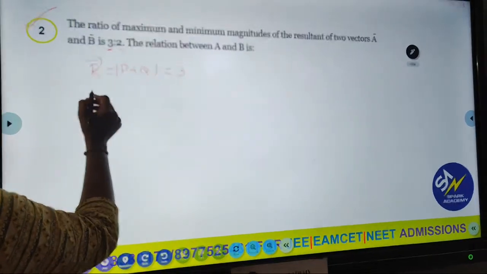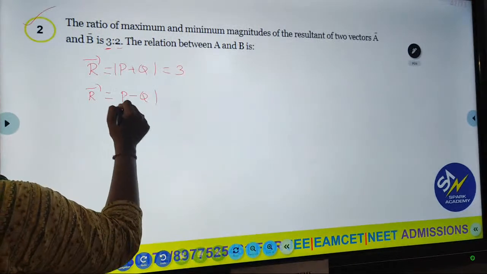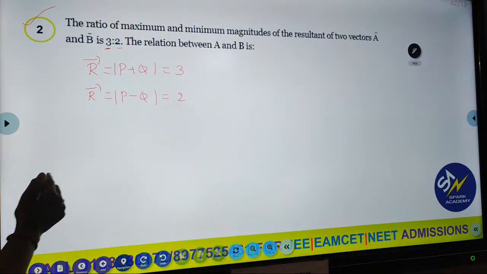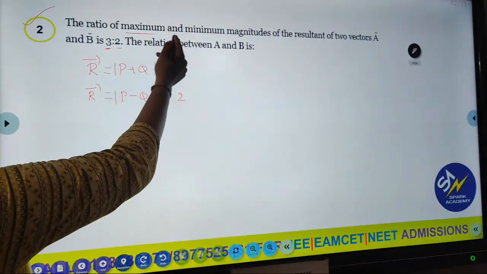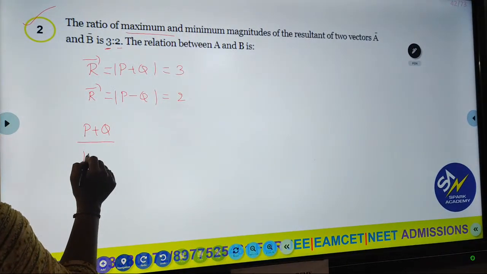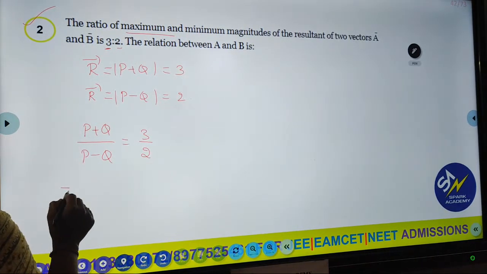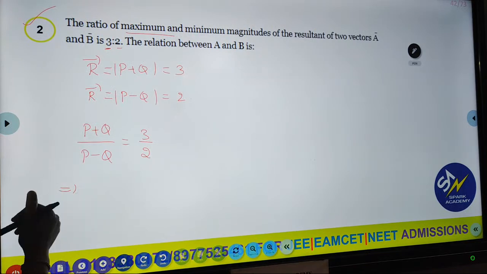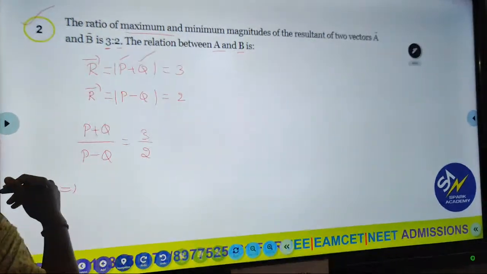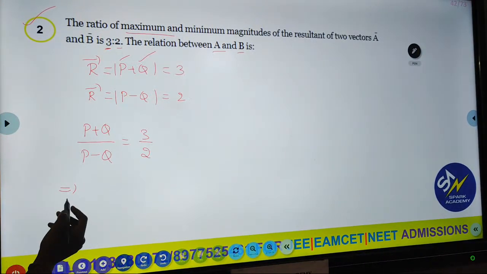So the maximum is P plus Q and the resultant minimum is P minus Q. Taking the maximum and minimum ratio, P plus Q by P minus Q is 3 by 2. They gave A and B, but I consider the vectors as P and Q. No problem, we are taking the same ratio.